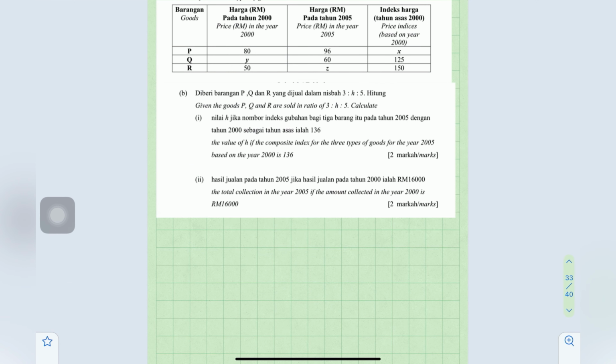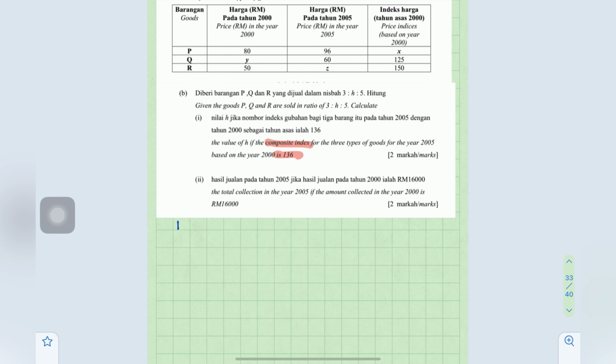Question B. Given the goods P, Q and R are sold in ratio of 3, H, 5, calculate the value of H if the composite index for the 3 types of goods for the year 2005 base year 2000 is 136. Okay, sekarang dia bagi dekat sini composite index 136.